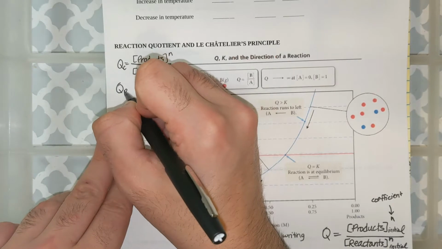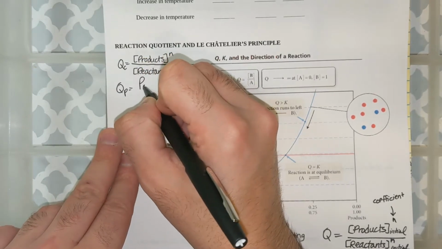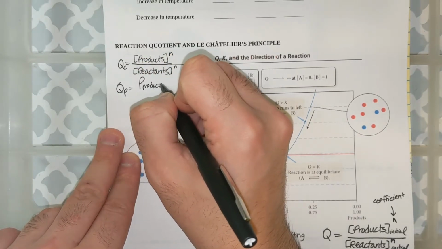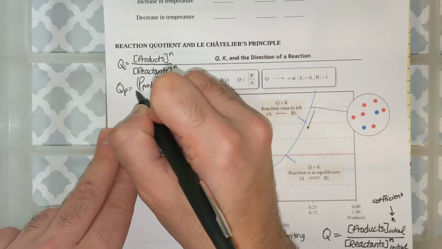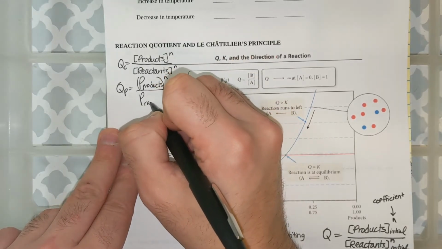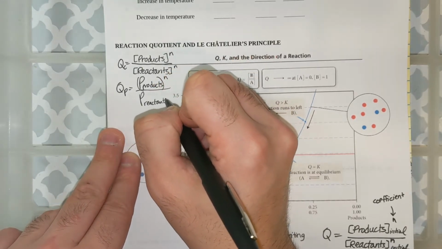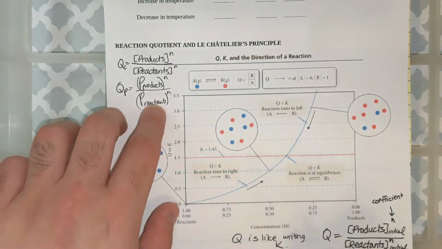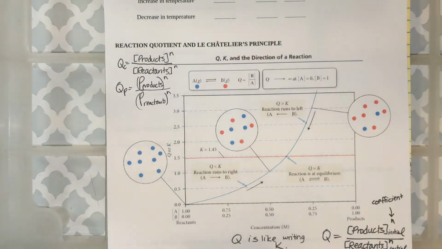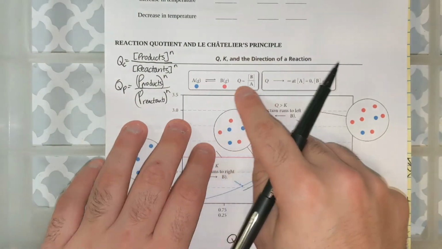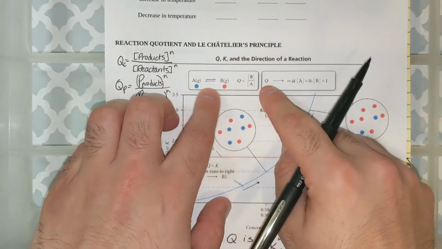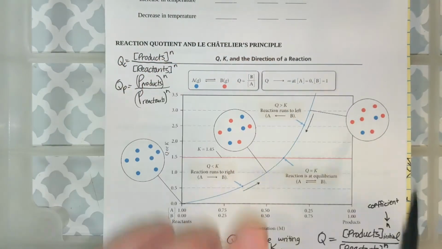I could also use pressures: partial pressures of the products raised to a power over partial pressures of the reactants raised to some power, and n is the stoichiometric coefficients. And there's an example here. If I have a reaction of A to B, Q could be concentration of B over concentration of A.